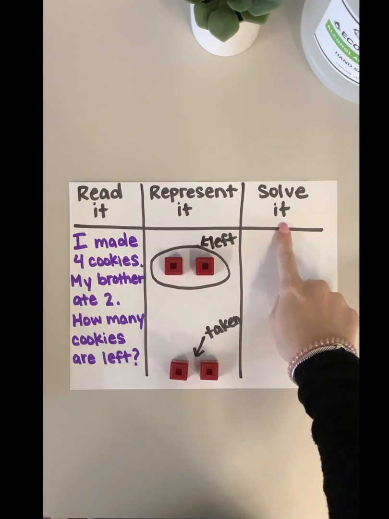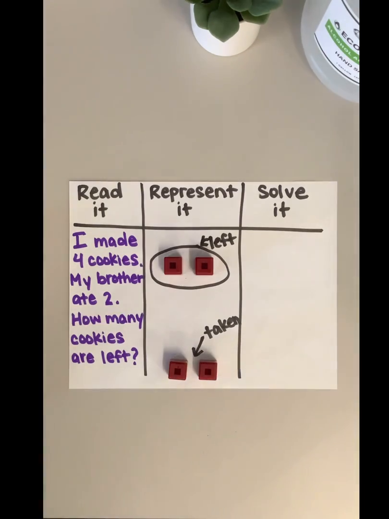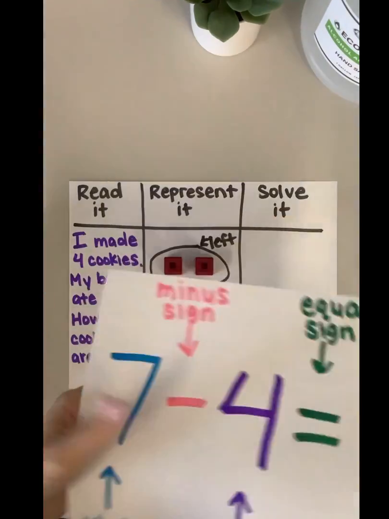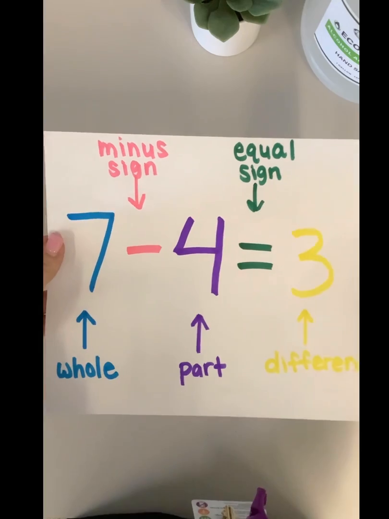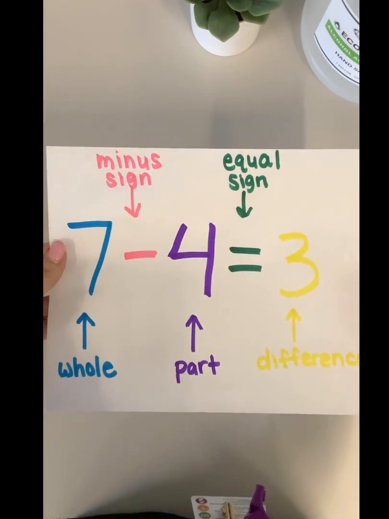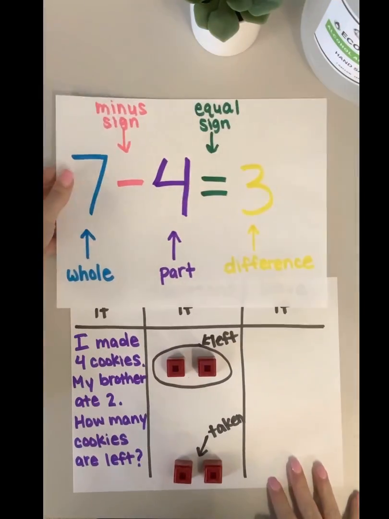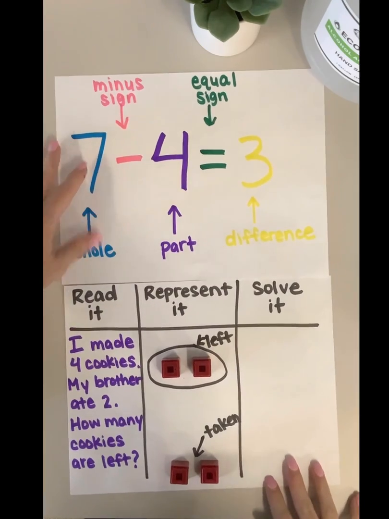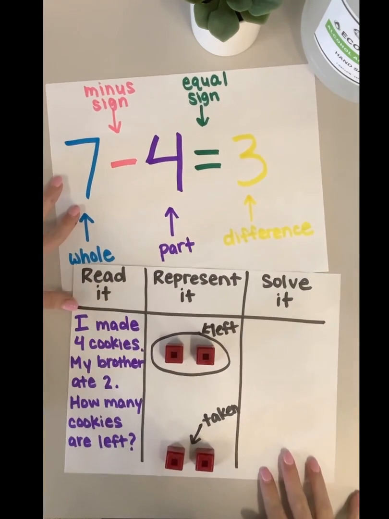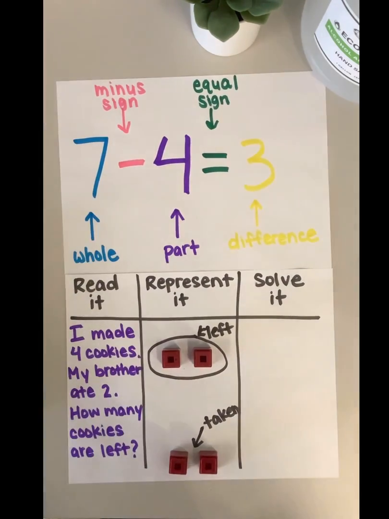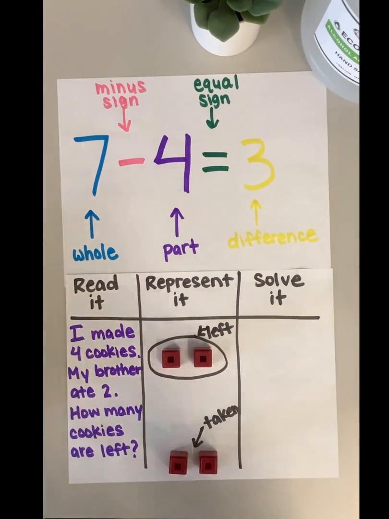Solve it. Okay, I need to solve my subtraction problem and put each of my parts into it. We just went over our parts of a subtraction problem. So watch me solve this one. The whole is my first part of a subtraction problem.